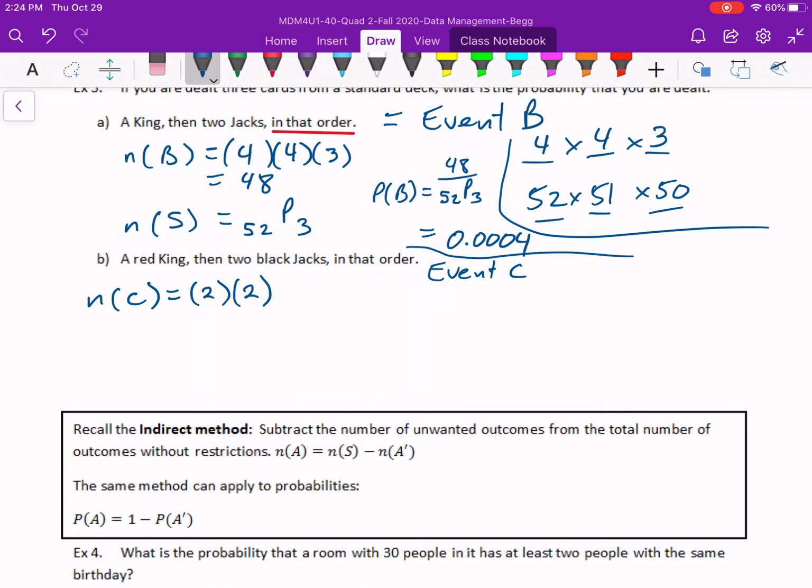But then I have to have another black jack, and there's only 1 left. So the 3 cards, I've got choices of 2 times 1. Turns out there's only 4 ways I'm going to be able to do this. My sample space doesn't change though. It's still 52. And I'm drawing 3 of them, so 52 P3. So P of C equals 4 over 52 P3.